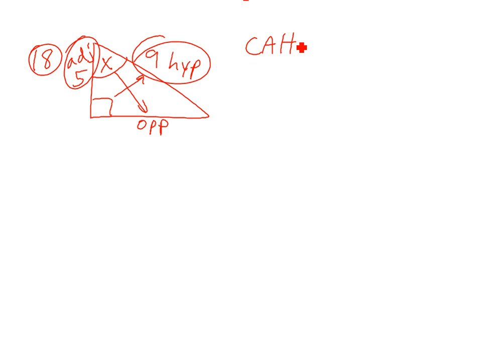That's the CAH part of SOHCAHTOA. So it's cosine of our angle, which is X, equals adjacent over hypotenuse, which is 5 over 9. If you're looking for an angle, you grab your calculator and hit second cosine. You can use the ABC button, or you can use divided by.